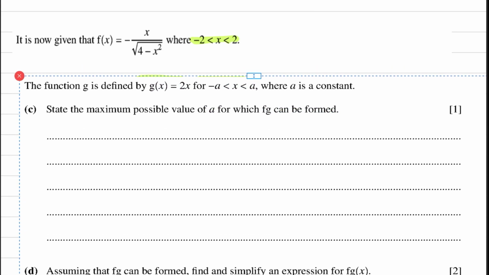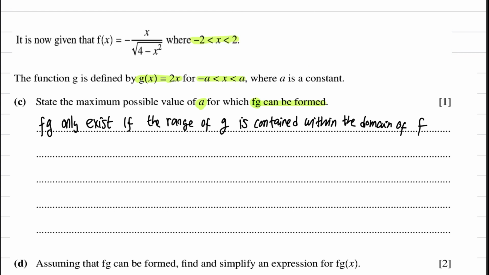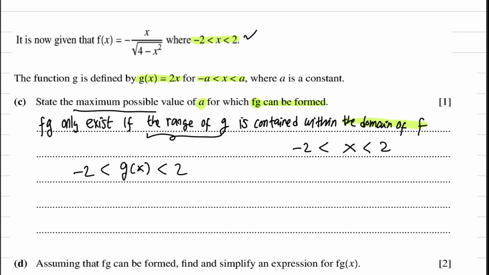Now, we know that the domain of f is given. So this is the domain of f. x must be in between -2 and 2. And because we want the maximum possible value, we take this as our range. So our range of g also must be the same, meaning g(x) must be in between -2 and 2.